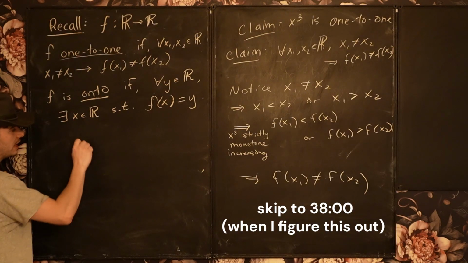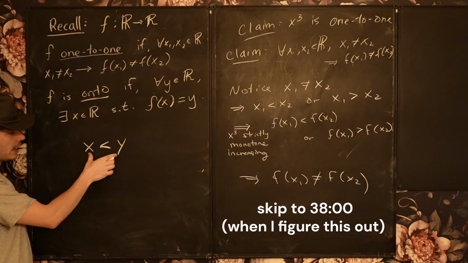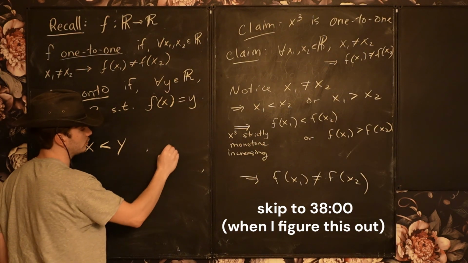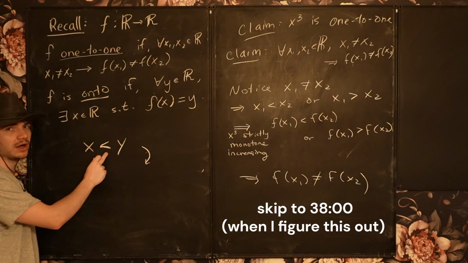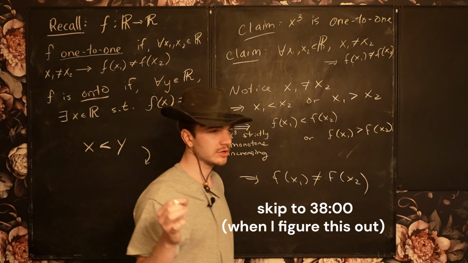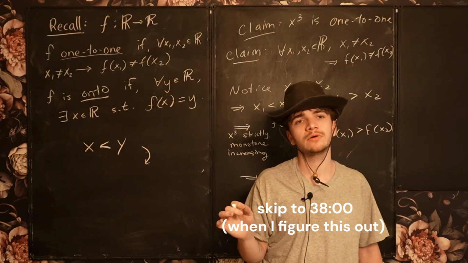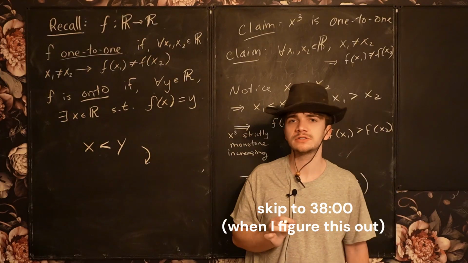So if I know that x is less than y, okay, one thing I know about squares is that they're always non-negative. So I know that I can multiply this inequality by a positive number and it will be preserved. Recall that multiplication of an inequality by a positive number preserves the inequality. Multiplication of the inequality by a negative number reverses the inequality.